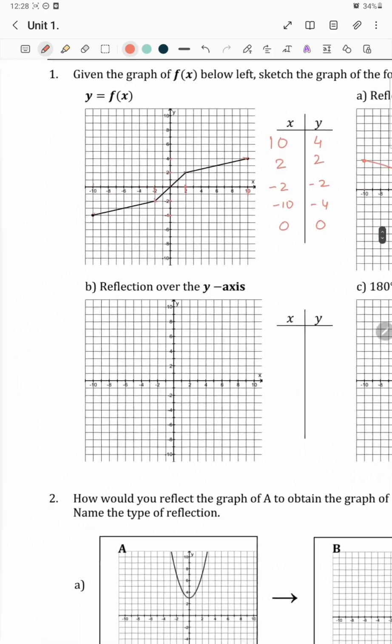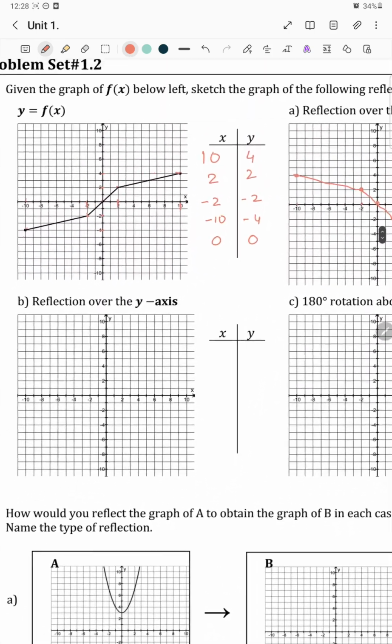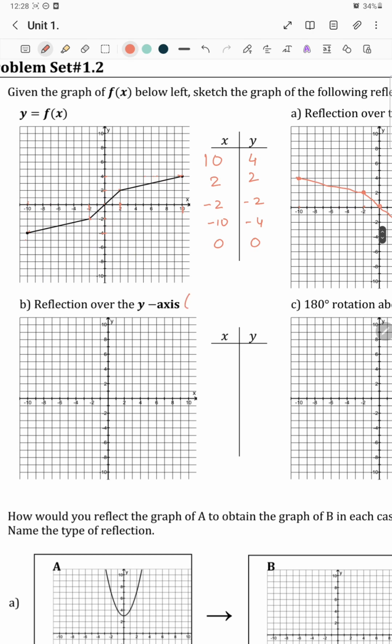Now we have to do the reflection over the y-axis. For the x-axis we multiply negative with y, so for the y-axis we need to multiply negative with x. So y values will come as they are, and with x values we will multiply negative.